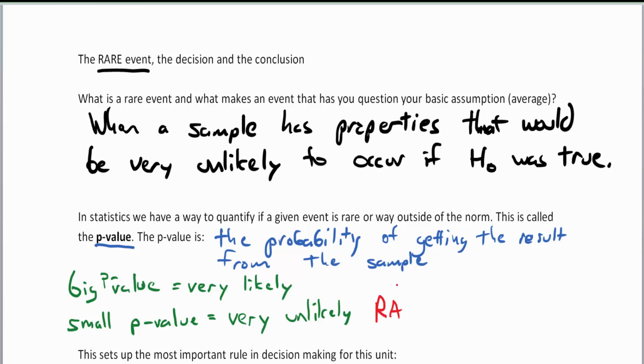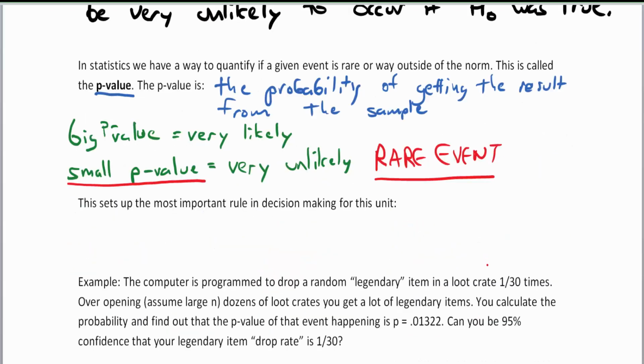Thinking ahead. This is your rare event. A rare event is when you have a small p-value, a small percentage value. So if getting that result was incredibly rare, then you're going to have to reject your null hypothesis.